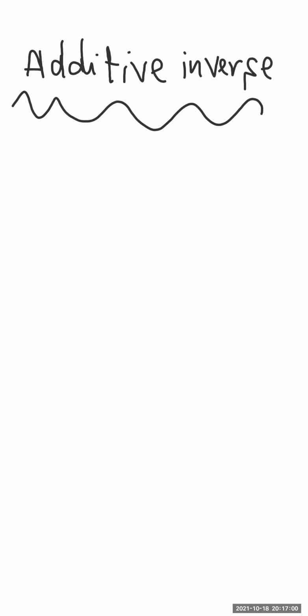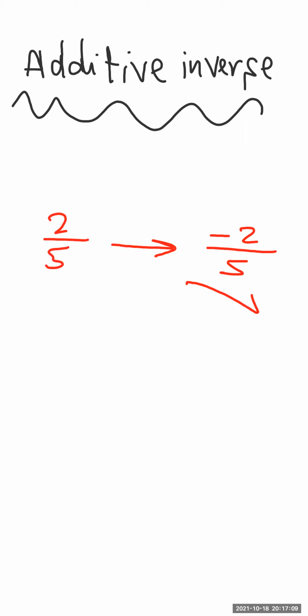That's it. Do you mean that for 2 over 5, the additive inverse will be negative 2 over 5? Yes. If it's negative 7 over 2, the additive inverse will be 7 over 2? Yes. So additive inverse means I just change the sign of the number.